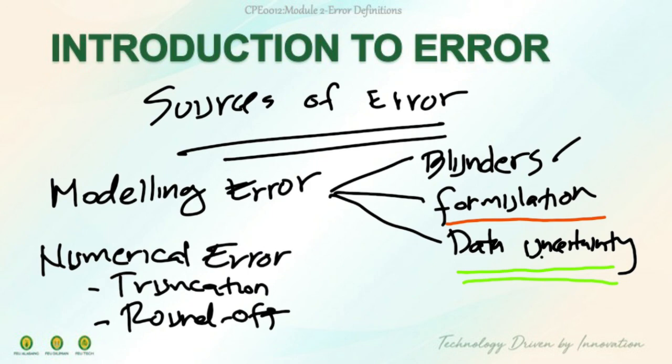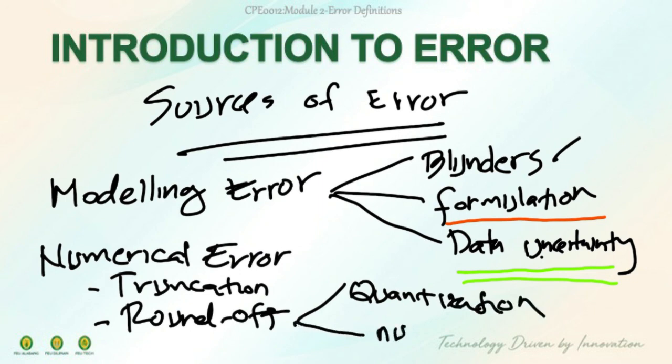I'm going to divide this into two different subtypes: quantization error, and error that enters because of numerical manipulations, such as adding or subtracting a very big number or a very small number from a very large number. We'll talk about that a little more in sections to come, but this is a brief introduction to error.